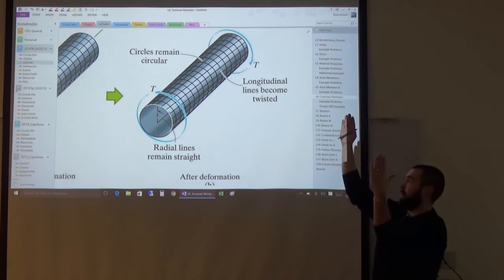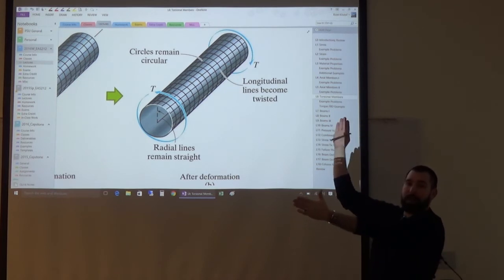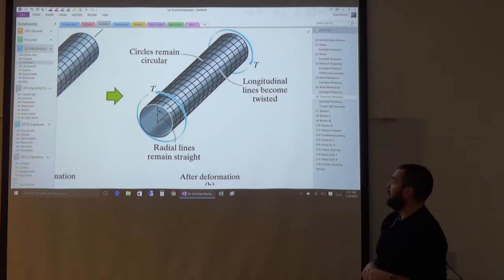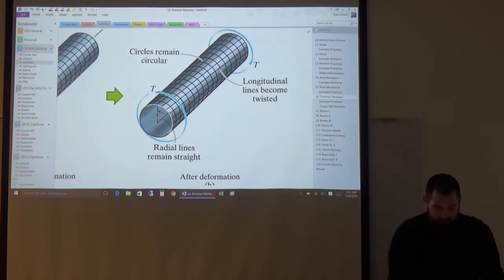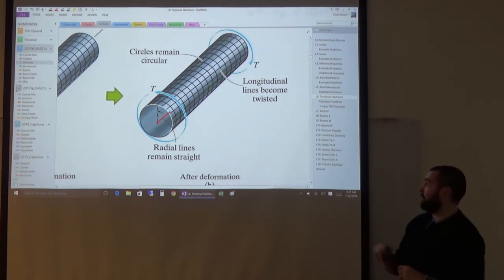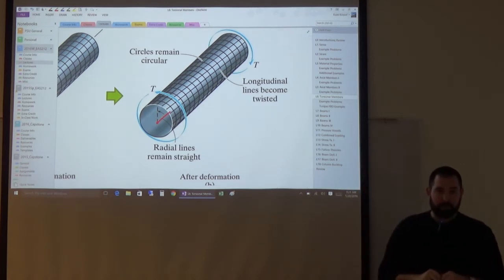On the front, I could also have started out with a vertical line, but as I apply a torque to it, those two lines are now going to be at angles, or a relative rotation relative to each other. So radial lines remain straight, which are simply the lines from the center of the cross-section out to the surface. They'll remain straight, but they will rotate as we apply a torque to this cross-section.